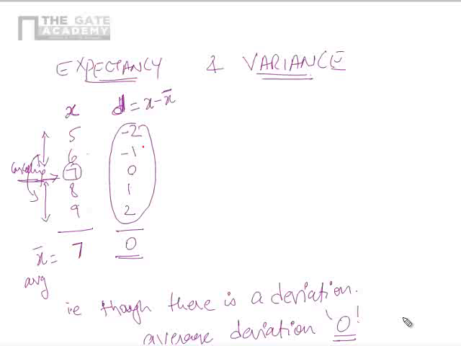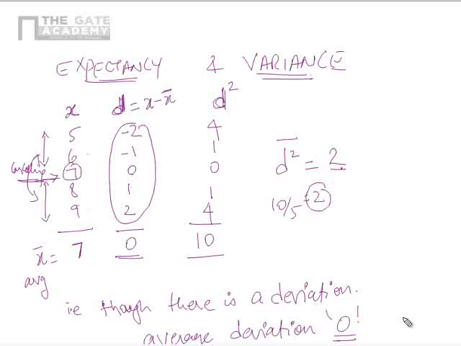Correct. So to get rid of this, what we do is we take d square. When I do d square, what will I get? I will get 4, 1, 0, 1, 4. I am squaring each value of d. Now if I take the sum of d square, it is 10. So d square bar is 2, because 10 divided by 5 entries is 2.